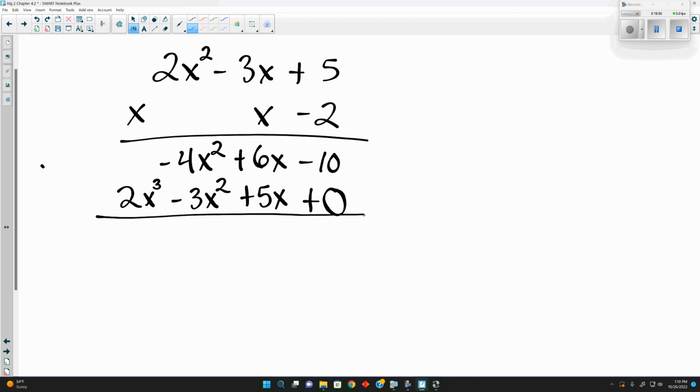When we multiply like bases, we add the exponents. And then we add straight down.